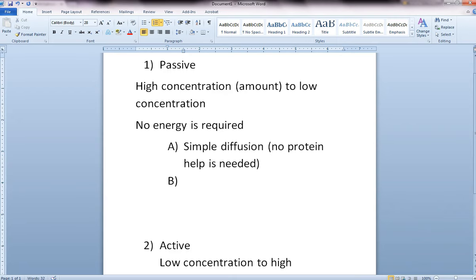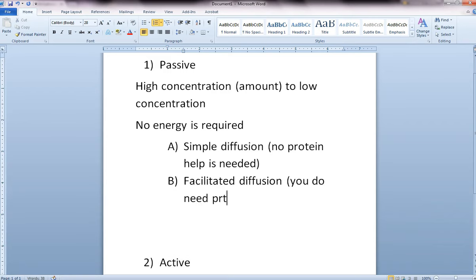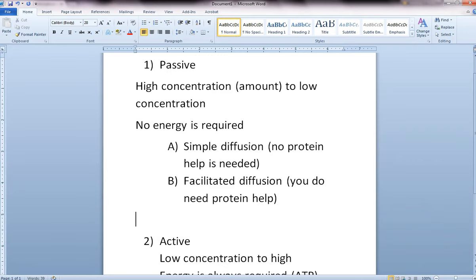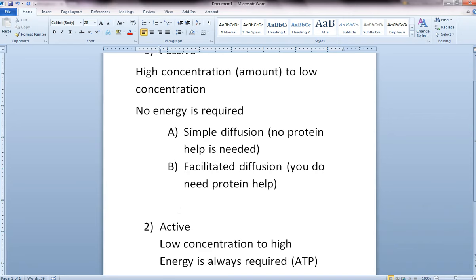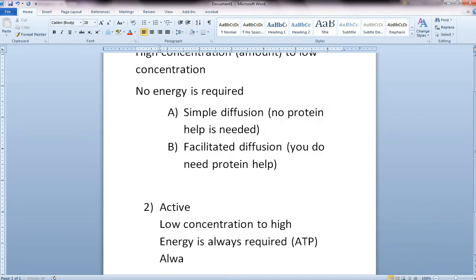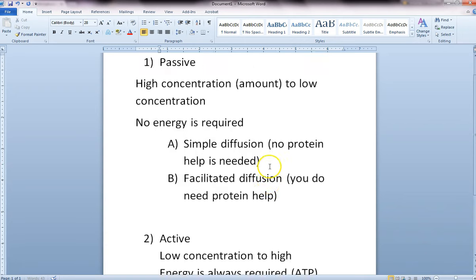You can also have facilitated diffusion, and that means that you do need protein help. For active transport, you always need a protein. Okay. So these are the rules.